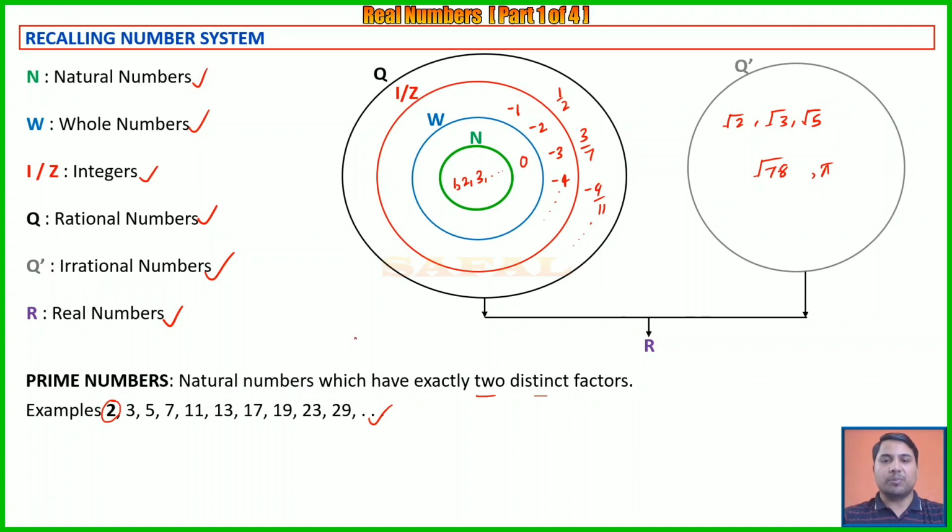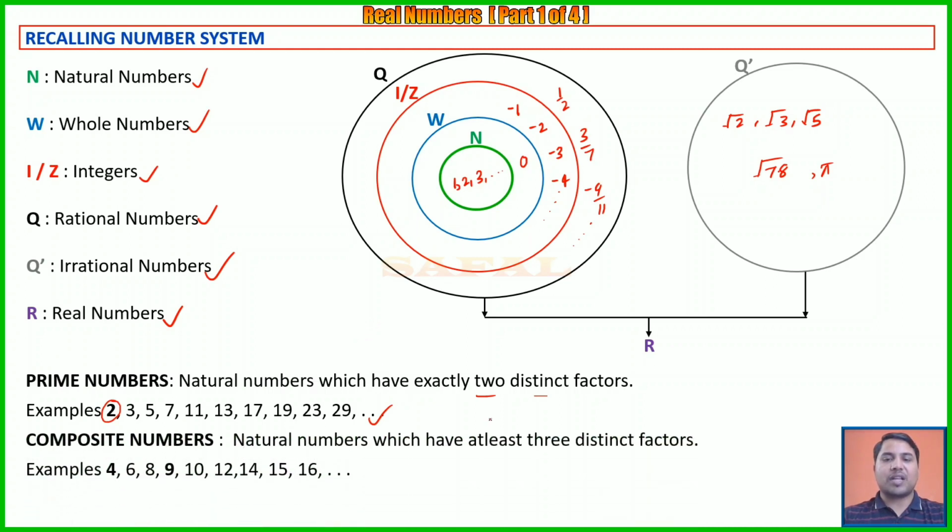Prime numbers. The next class we have is composite numbers. Those natural numbers which have at least 3 distinct factors, very important. At least 3 distinct factors means what? They should have at least 3 distinct factors. For example 4, 6, 8, 9, 10, 12, these all have what, 3 or more than 3 distinct factors.